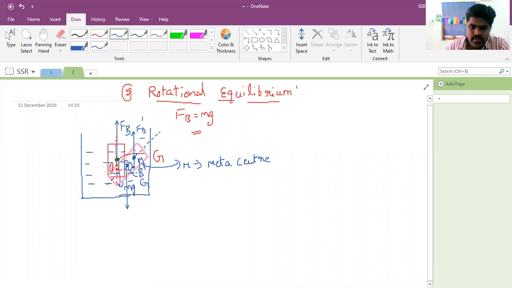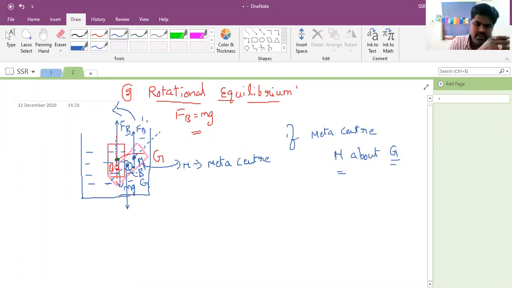So that means now you can observe, the condition is that if meta center M is above G, the center of gravity, then a torque or couple will act. This FB will try to bend the log like this, from right to left, whereas G will make it from left to right.